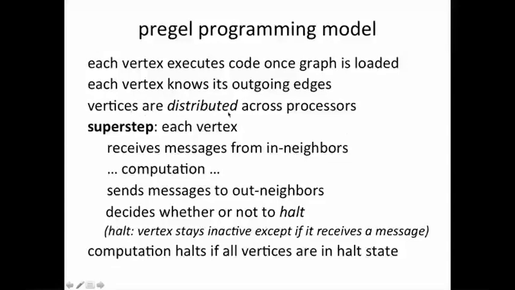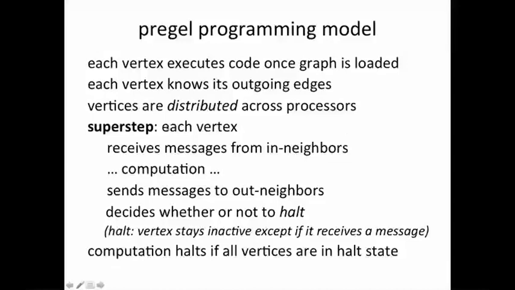Vertices are distributed across processors, so each processor executes the code for all its vertices. It does an update for every vertex that it has in what is called a super step. After the super step is completed, a second super step starts, and so on until the program halts, as we shall see in a minute.